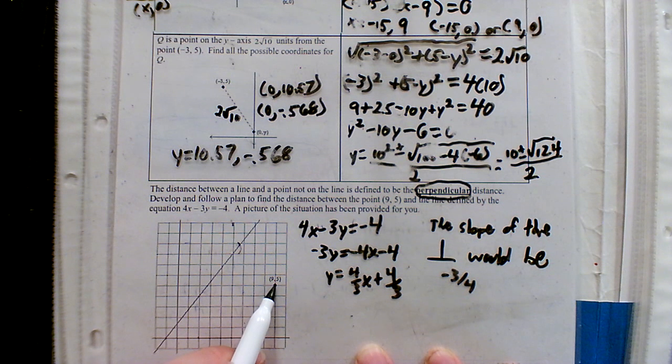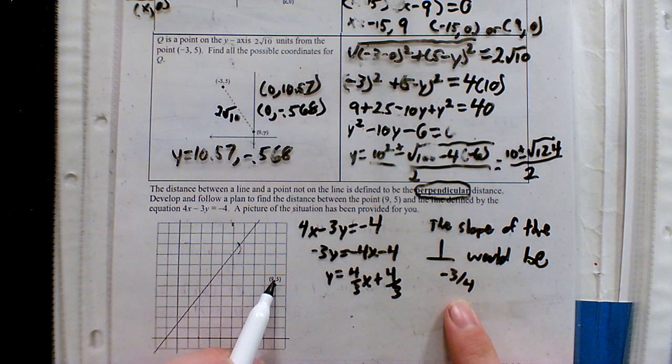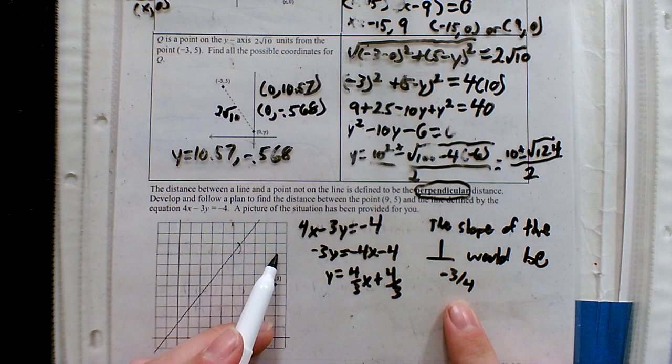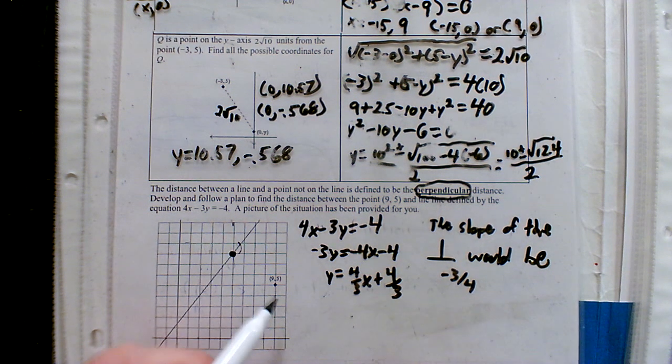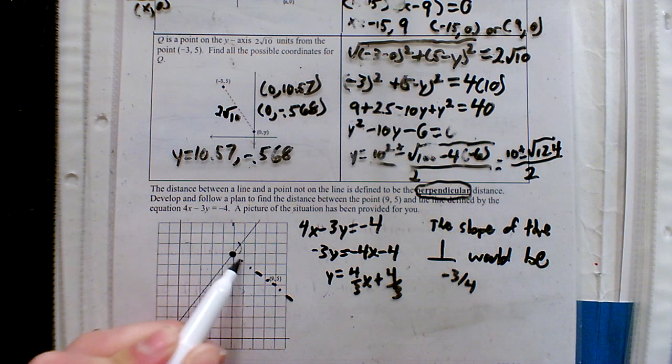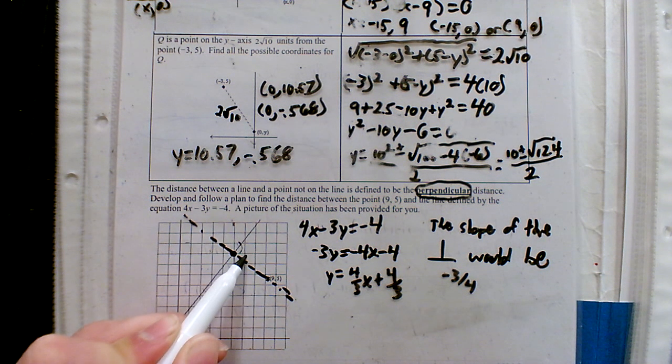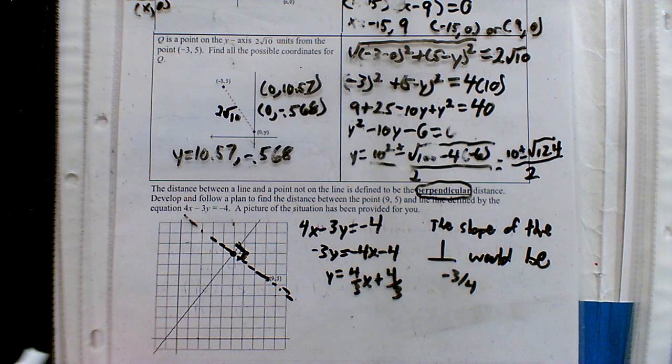So we know the slope of this perpendicular line from this point is this negative 3/4. So we can go up 3, 1, 2, 3, back 4, 1, 2, 3, 4. And it puts us right on that line. So we actually do perpendicular. It is the perpendicular bisector.